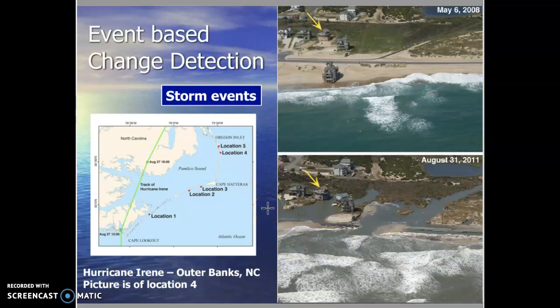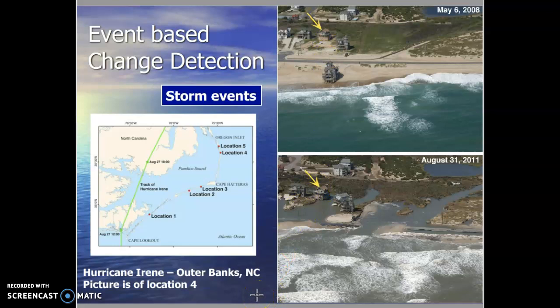Here is change detection based on an event-based change detection. This is a storm event, and these two pictures are showing the Outer Banks, North Carolina, location 4. This picture was taken in 2008, this one in 2011, and the arrow is pointing to the same house.